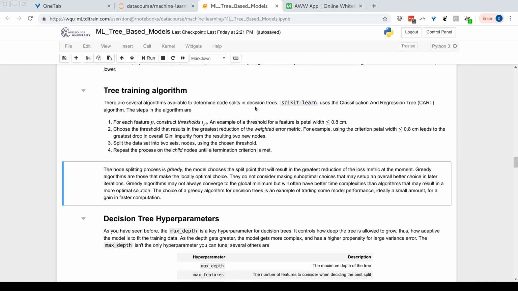In gradient descent, we're going to move in our space the direction with the greatest drop in the error metric of our cost function. So we're always looking, what is the locally optimal choice right now at this point in space? Same thing for this node splitting process. It's going to choose a split point that will result in the greatest reduction of the loss metric at the moment.